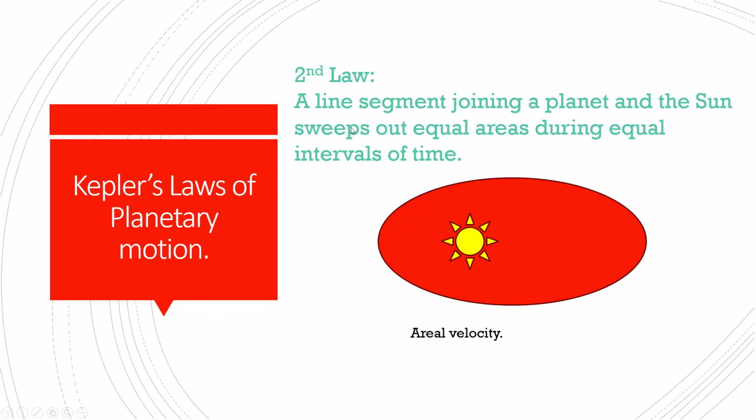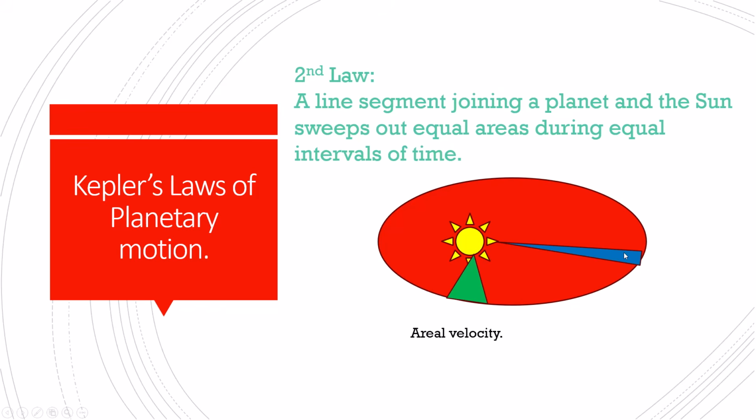Second law: a line segment joining a planet and the sun sweeps out equal areas during equal intervals of time. This area is equal because in time delta t the planet moves from this position to this position and covers this area, and in the same interval of time delta t this planet starts from this position and goes to this position, and this area is traversed.